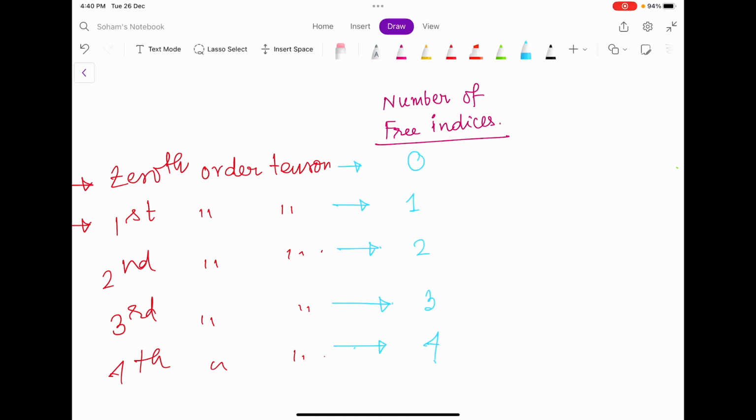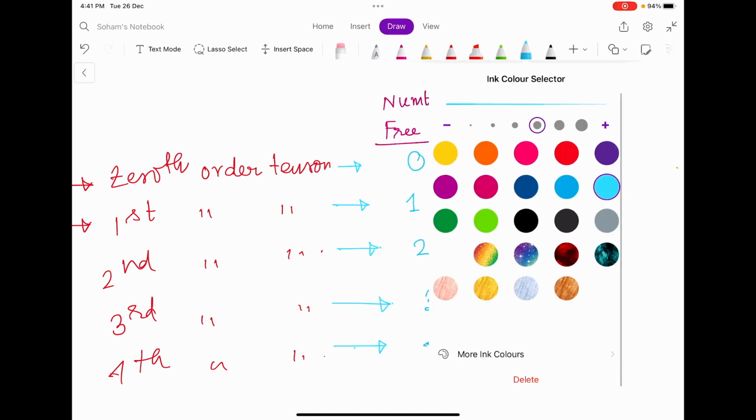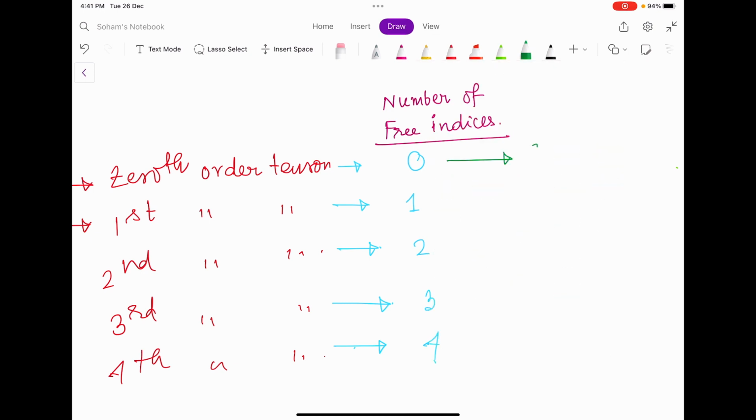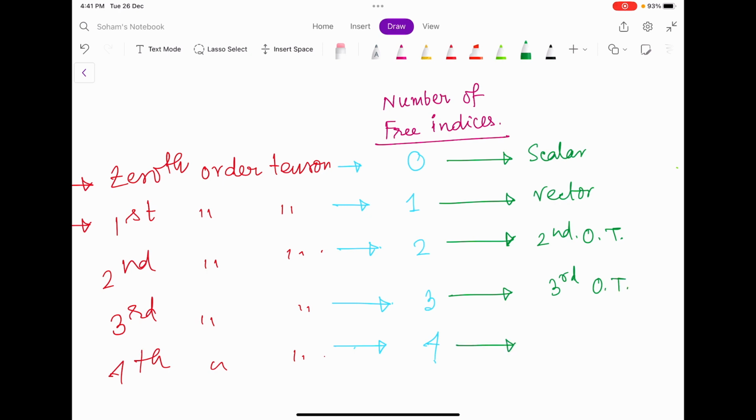So this is a scalar, this is a vector, this is a second order tensor, no special name, then a third order tensor, and a fourth order tensor.